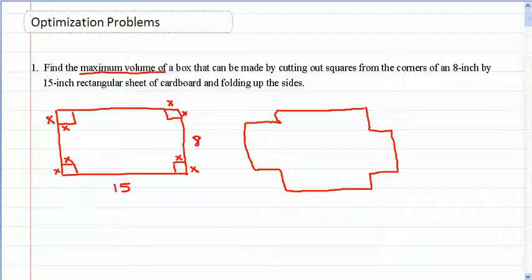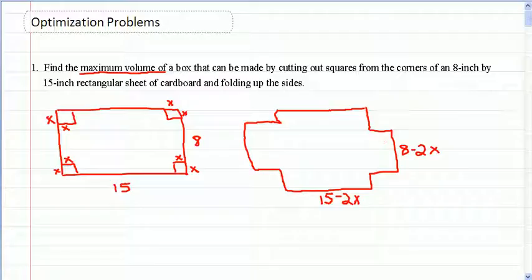So instead of having a length of 15, when you cut out these squares, you will have a length of 15 minus 2x, because you cut out a length of x on each side. Instead of having a width of 8, you now have a width of 8 minus 2x. For the same reason, you cut out a length of x on each side.